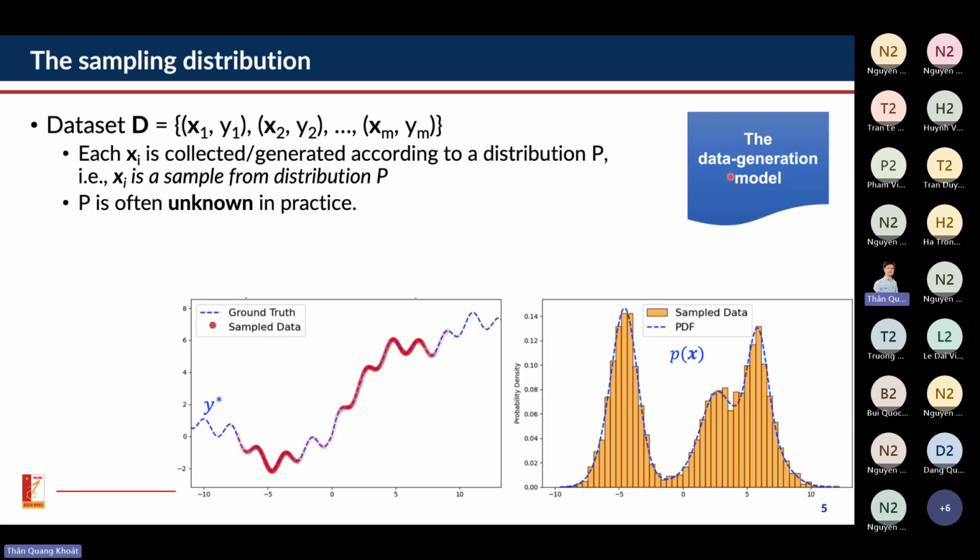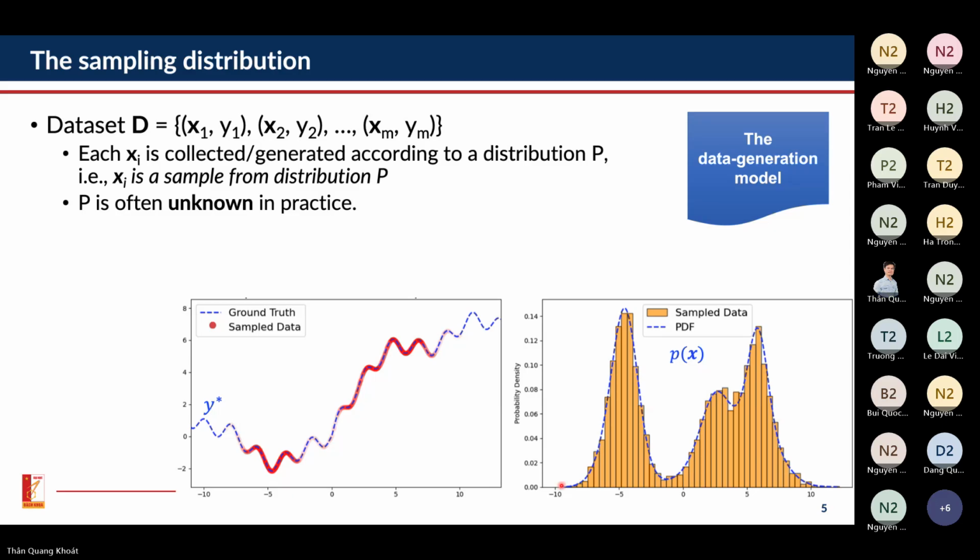In other words, we sometimes say that the data distribution, the process that generates the data samples, is unknown. Sometimes we call that a data generation model. This is just one example.